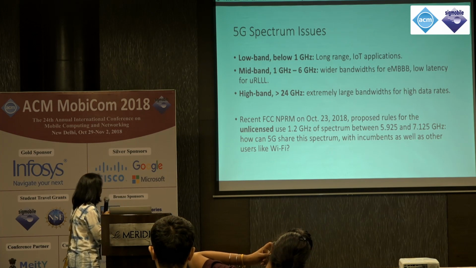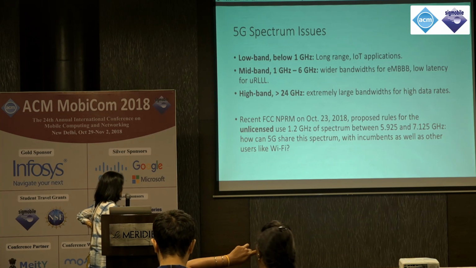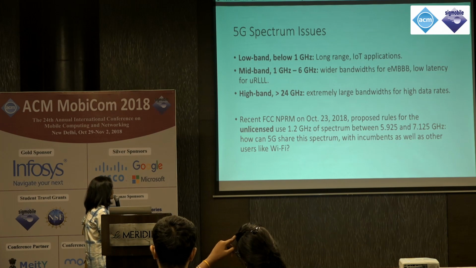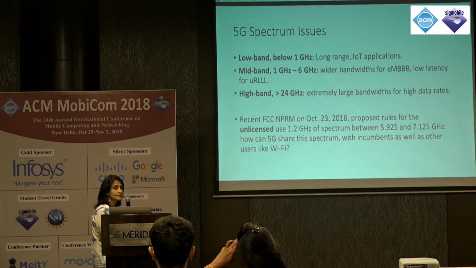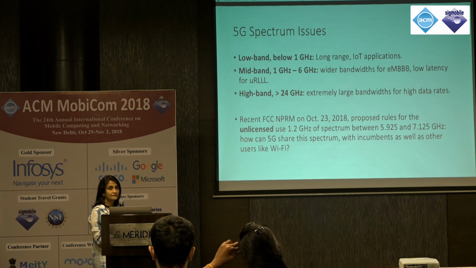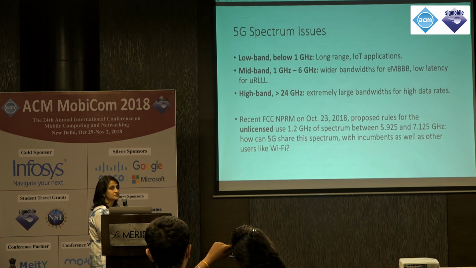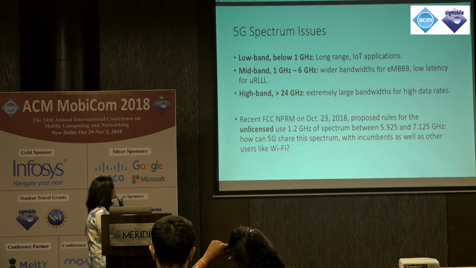So the spectrum is still a challenge, I think, for cellular. In the low band and mid band, there is not a whole lot of new spectrum. Those spectrum bands are very, very crowded. And most of the existing spectrum that's used for 3G is going to be refarmed for 5G.